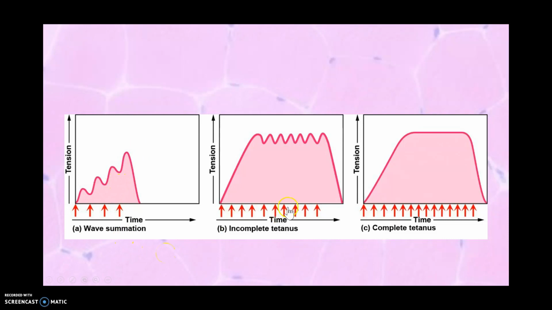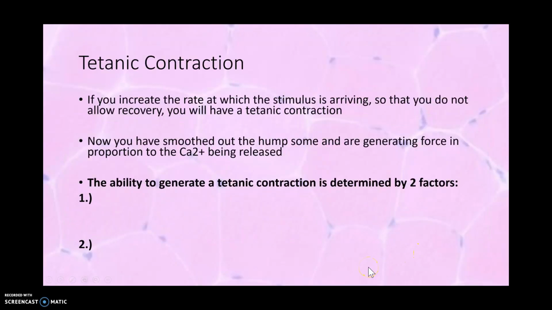This diagram references incomplete tetanus, and then tetanus over here, where we're just doing one complete contraction with no little waves and no more separate firing. It's just one constant firing. With tetanus, if you increase the rate at which the stimulus is arriving so that you don't allow for any recovery, you will have a tetanic contraction. Now you have smoothed out the hump some and are generating force in proportion to the calcium being released.